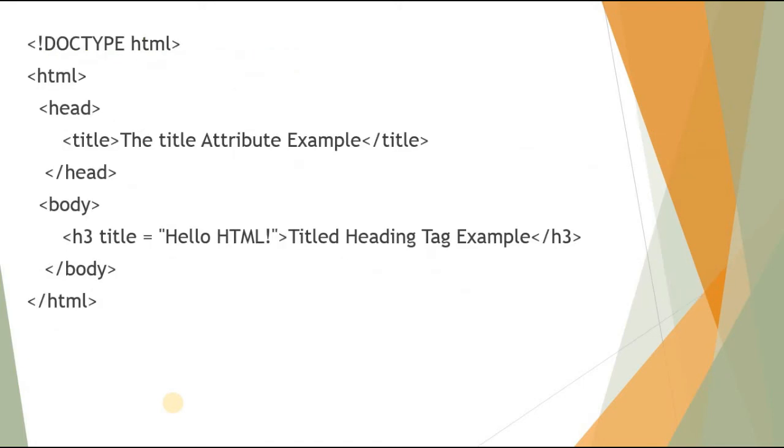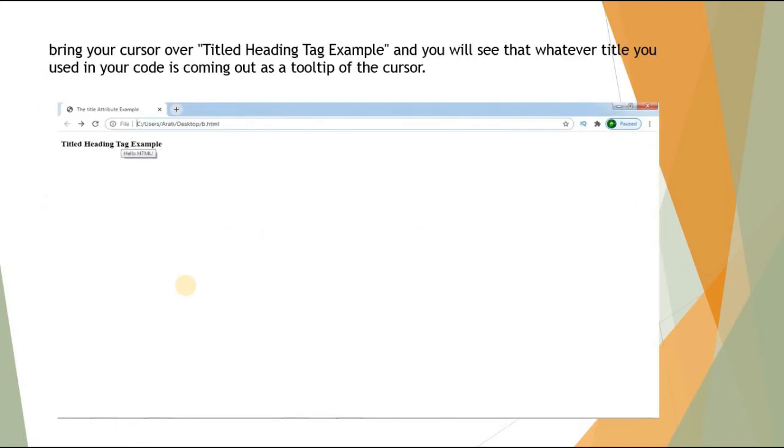This is an example for the title attribute. Here inside the body we used a heading tag, and there we used a title attribute. Title is equal to hello HTML. When we execute this page we will get an output like this.